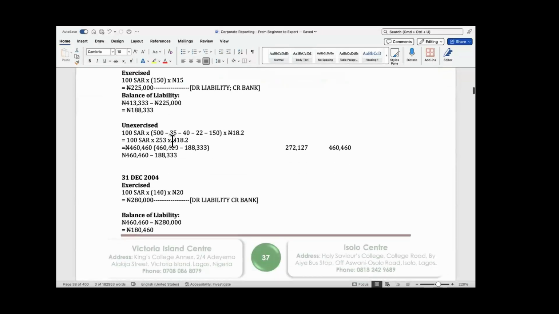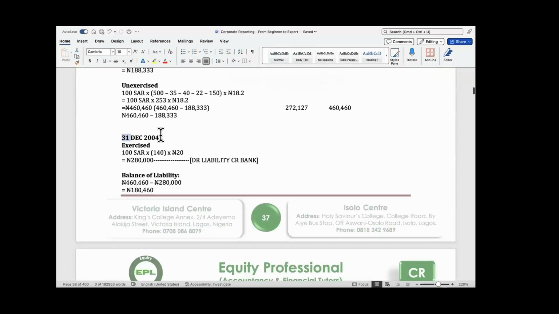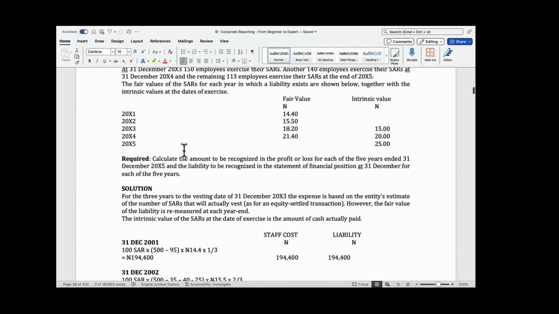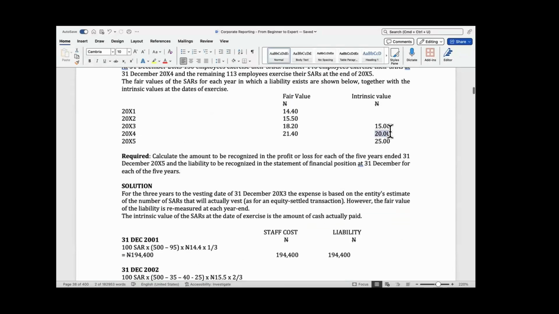So in 2024, at the end of that year, who have exercised? We're told in the question that 140 employees exercised. Each of them will get 100 SARs. And we are going to be paying them at the intrinsic value, which is 20. And this is where I got it from. Intrinsic value in 2024 is 20.